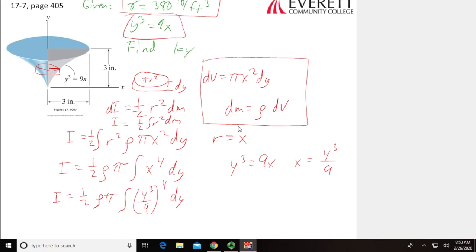I can pull that 9 to the 4th out, and I end up with 1 over 2 times 9 to the 4th, rho pi, integral of y to the 12th dy. Any questions about that part?